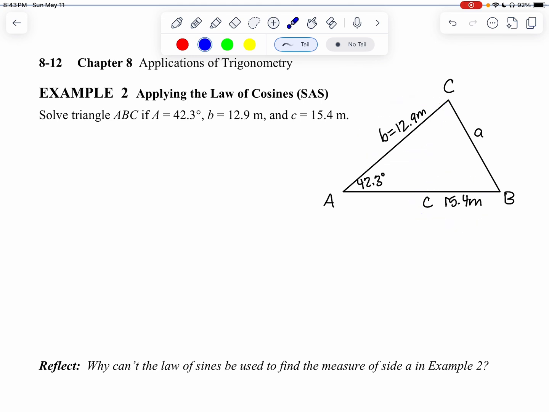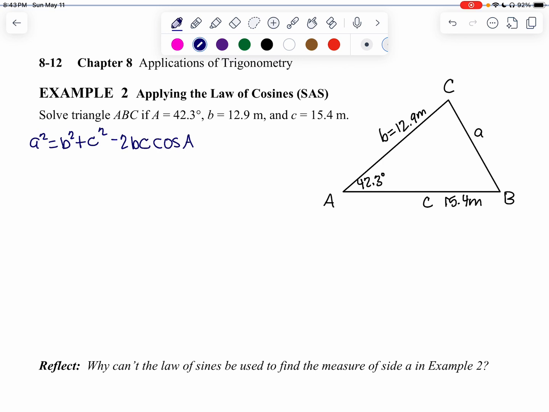Now you could use law of sines or cosines, except we don't have two angles, and that becomes a little bit more tricky to do. But we can find a squared equals b squared plus c squared minus 2 times b times c times the cosine of angle A. And we have b, c, and the angle A. So a squared is 12.9 squared plus 15.4 squared minus 2 times 12.9 times 15.4 times the cosine of 42.3 degrees.